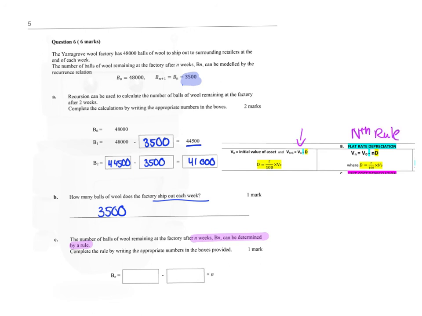So when we want to write the nth rule, we do V0 minus n times D. You can see there's the times n. So D from our original formula is 3,500, and our V0 is 48,000. So we can just do it like that.